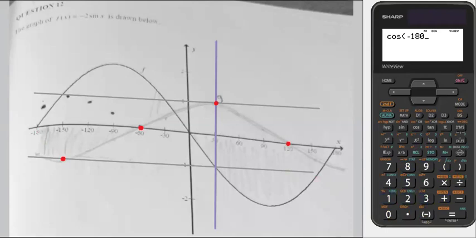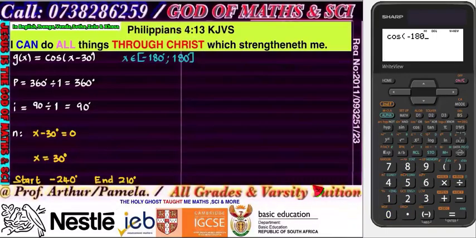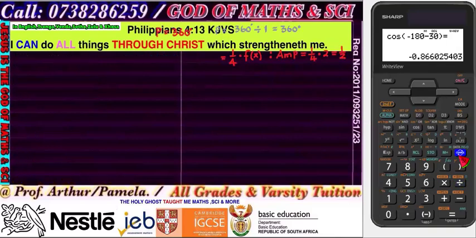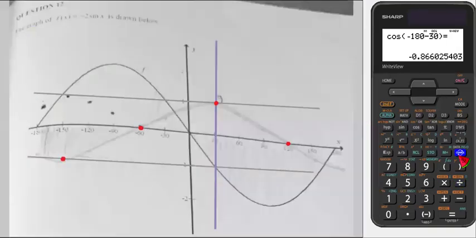Remember the formula that was given, it's minus 30. So you're going to have to minus the 30 there. All right. And then when you do that, what you got is negative 0.8.